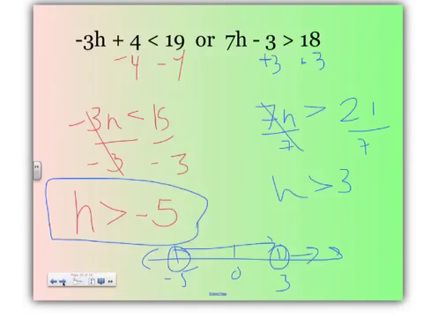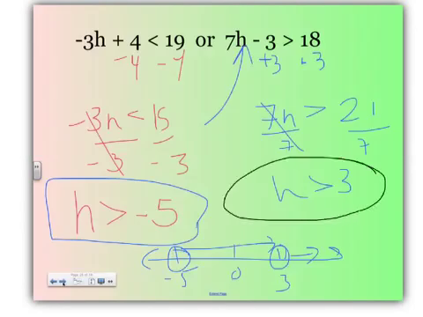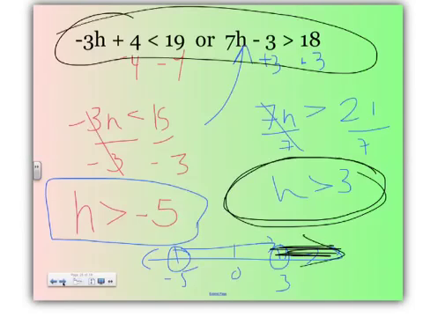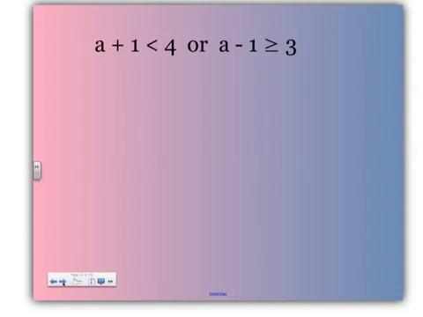However, anything greater than negative 5 won't work for this solution. Therefore, h being greater than 3 is what our conclusion is, because anything that is greater than 3 will work for both of our situations. So go ahead and try this one and see what you come up with.